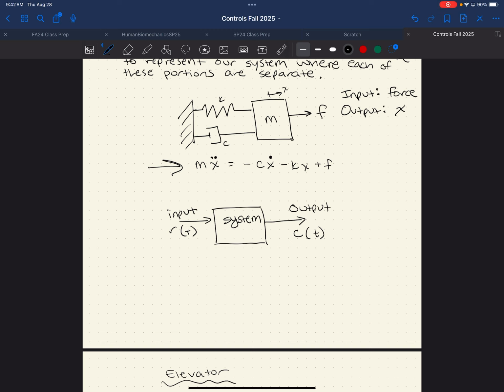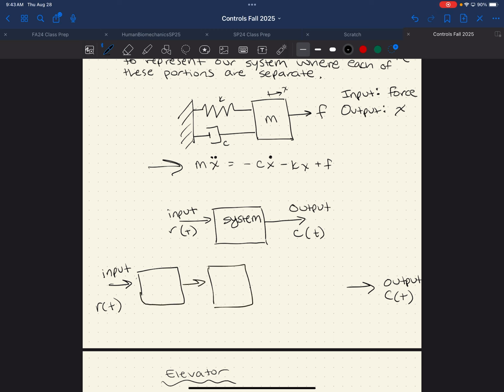We might say the signals that I really care about are over here at the beginning and the end, and those are still the input, R of t, and the output, C of t, but there's actually several subsystems in between. And that's well and good. We can still use block diagrams for systems like this, so I'll call this a subsystem. This is a subsystem. This is a subsystem.